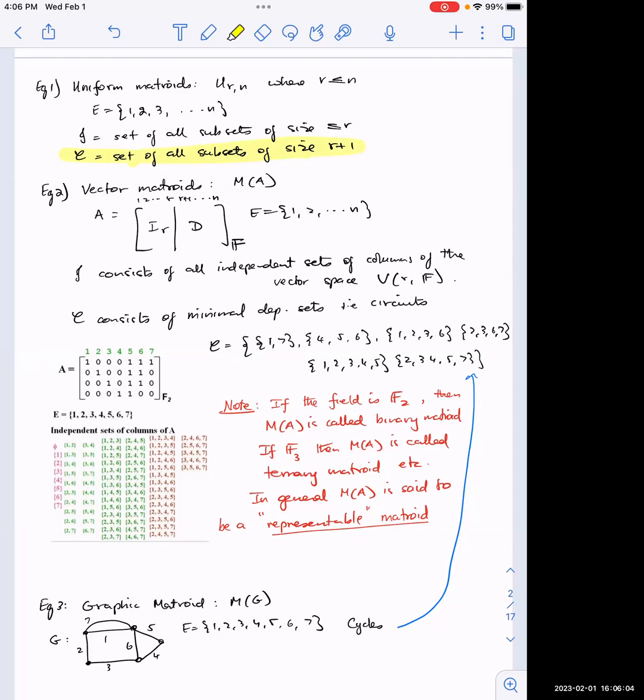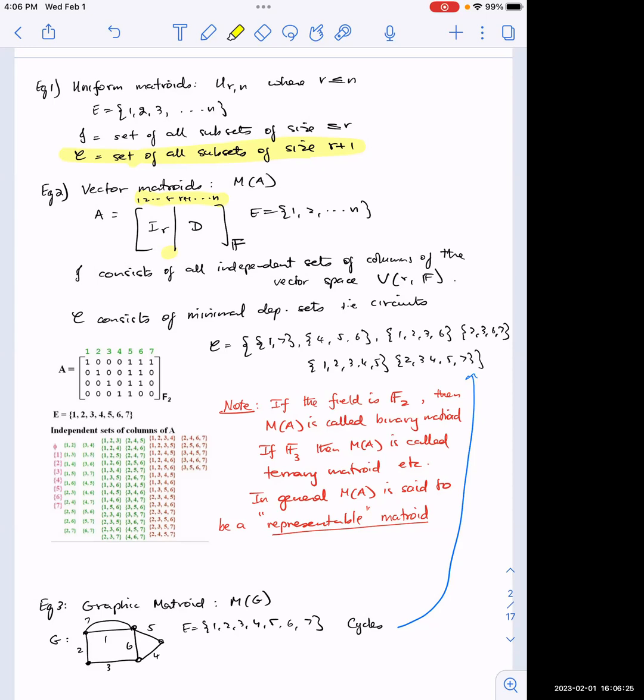And then vector matroids. This is another very large class of matroids where you take a matrix and row reduce as needed to be in this format and label the columns 1 to n.